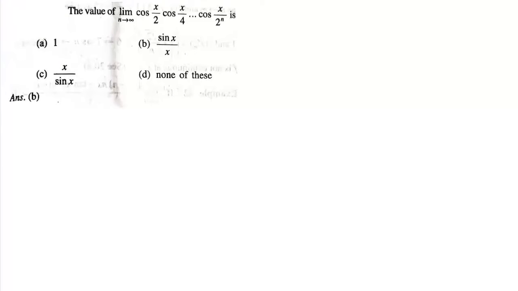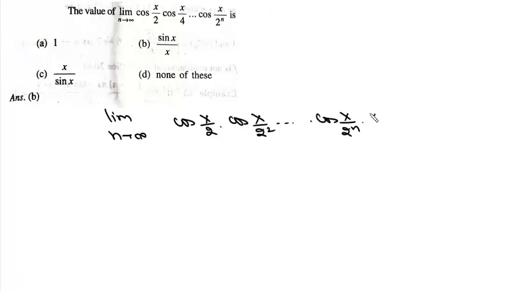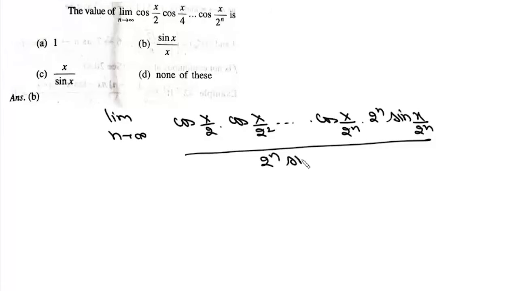Now here the question is, we need to find the value of this limit, which is limit n tends to infinity of cos x by 2 into cos x by 2 square up to cos x by 2 to the power n. Now what we'll do is we'll multiply and divide everything with 2 to the power n sine x upon 2 to the power n.